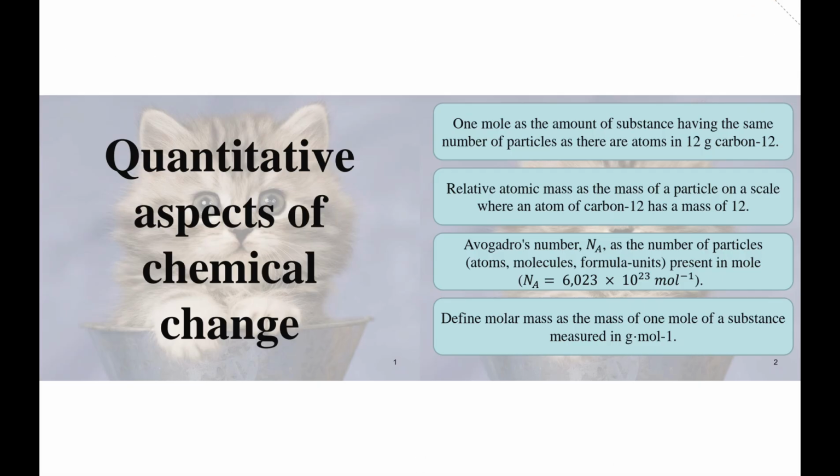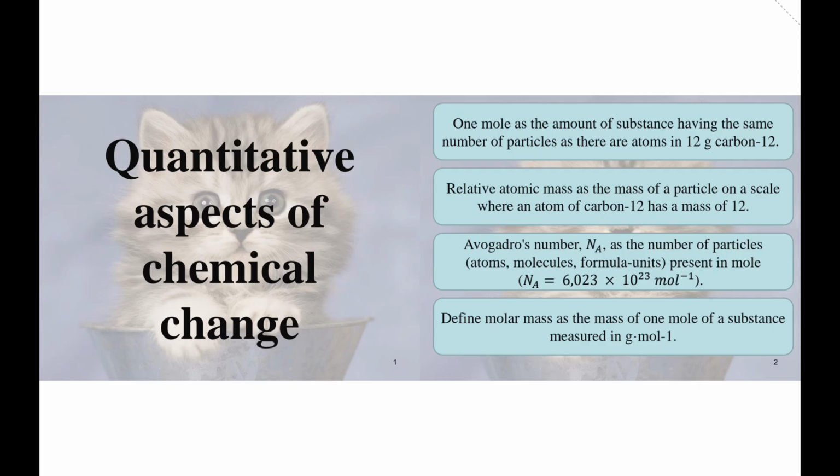Relative atomic mass is the number of particles on a scale where an atom of carbon-12 has a mass of 12. Avogadro's number: you should always remember that we write Avogadro's number as Na.